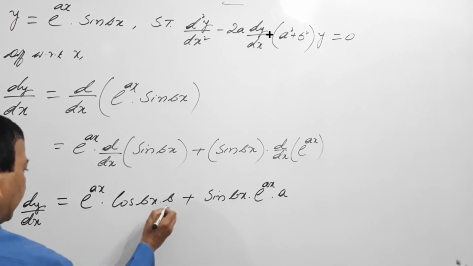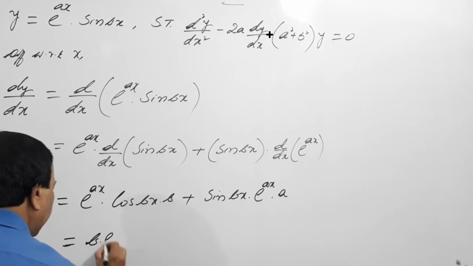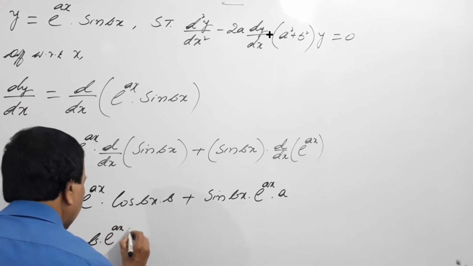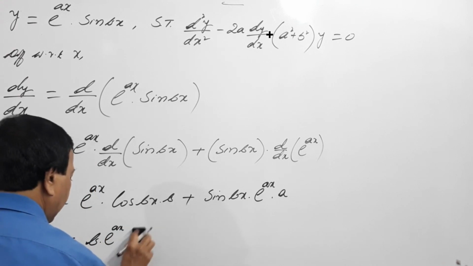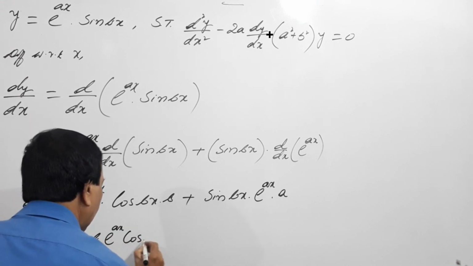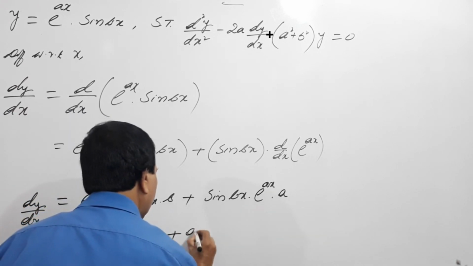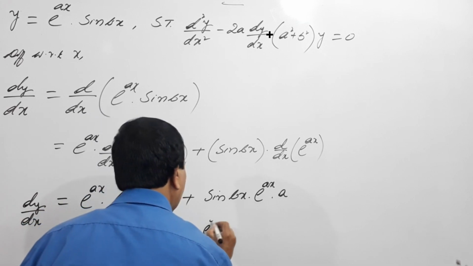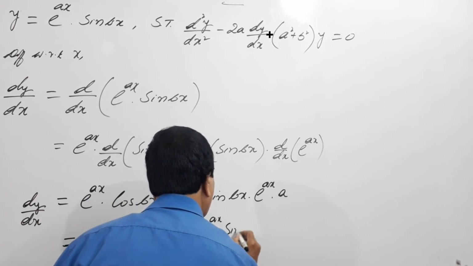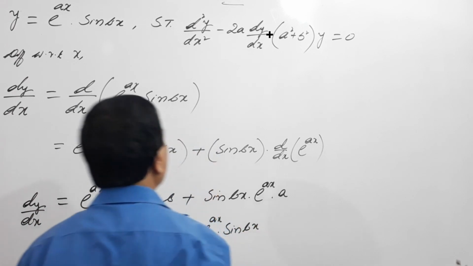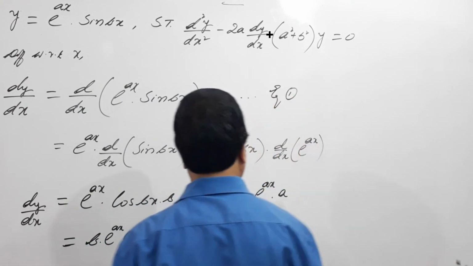I take this b outside on the other side. So this is b into e to the power of ax into cos bx, plus a into e to the power of ax into sin bx. Let me call this equation 1.